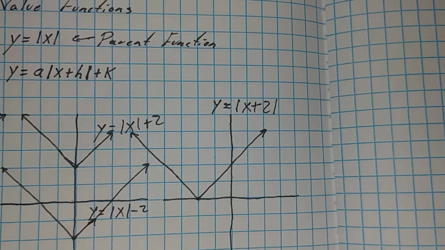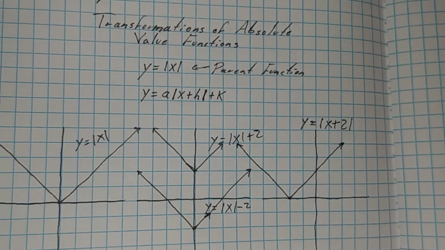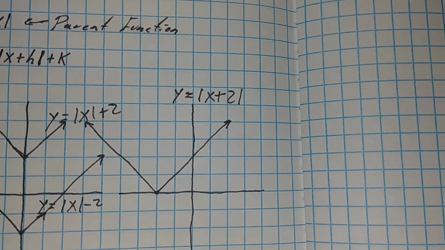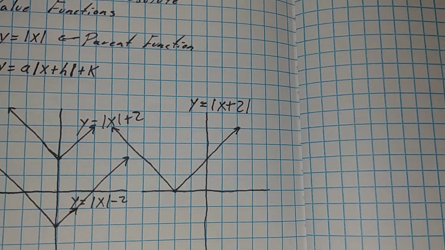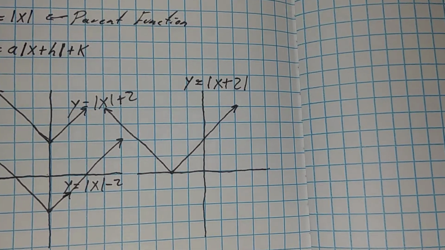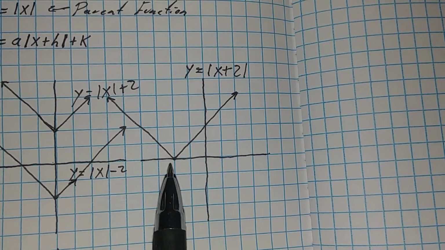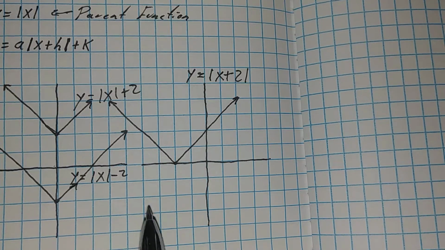Notice that all my graphs are the same. They have the same width, but they are just being shifted. This was just a horizontal shift 2 units to the left.